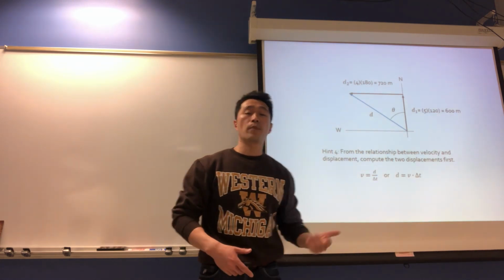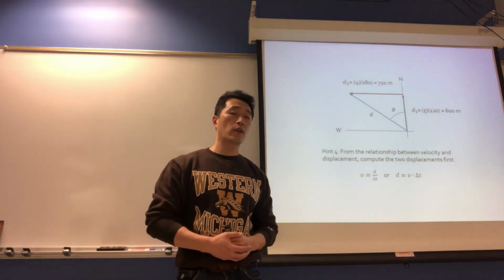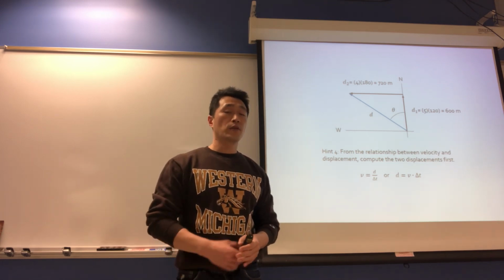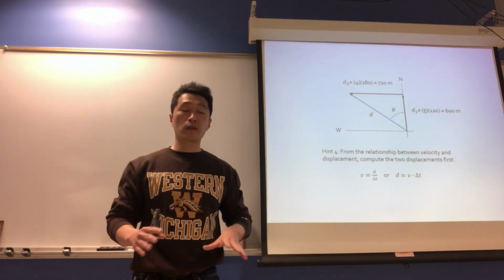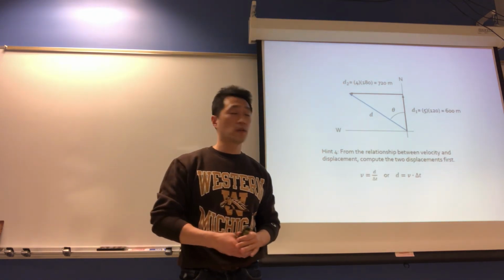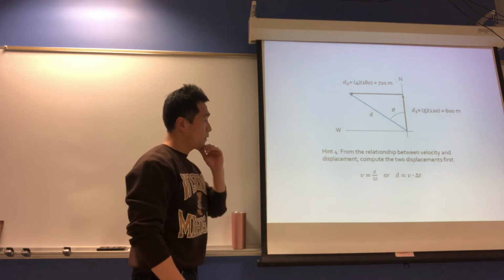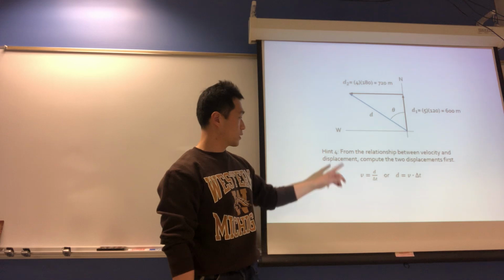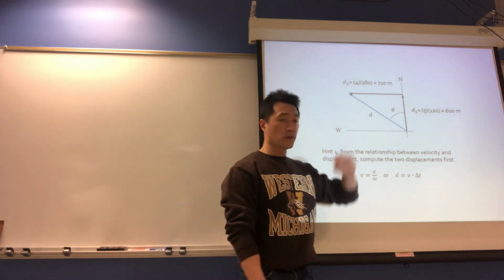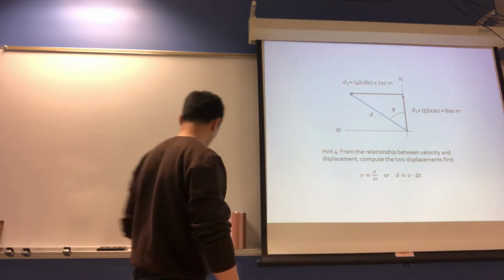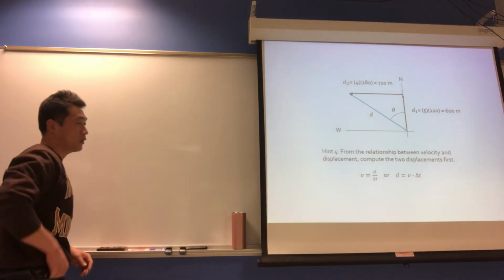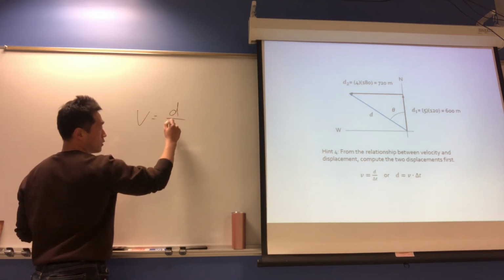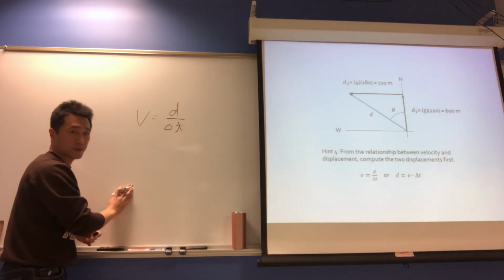As I mentioned earlier, this question is asking us to calculate displacement from the velocity information. There's no displacement information provided, only velocity information. But as you learned, hint 4: from the relationship between velocity and displacement, we can compute the two displacements. Velocity is equal to displacement over time elapsed, right?